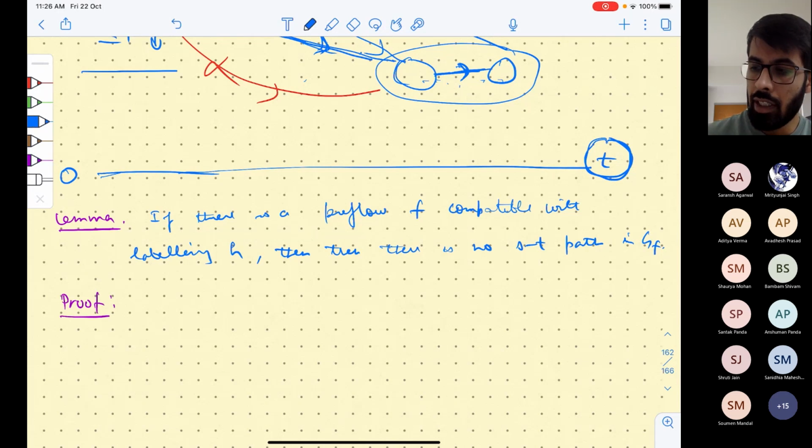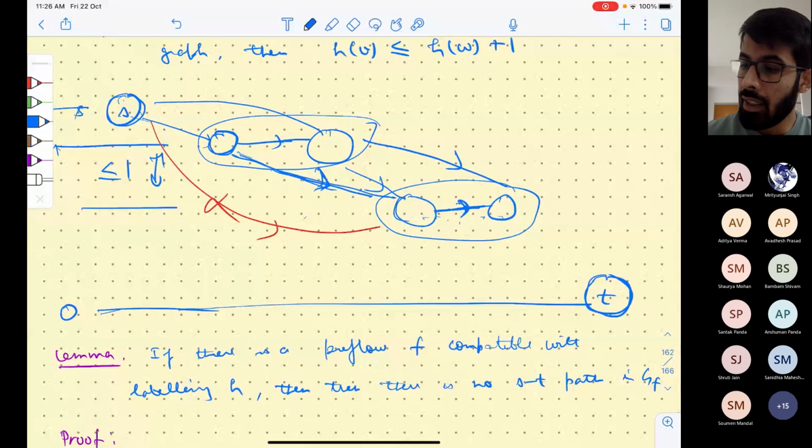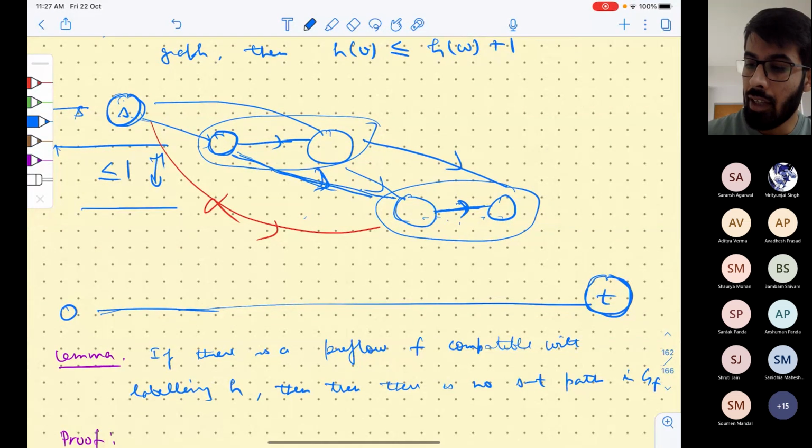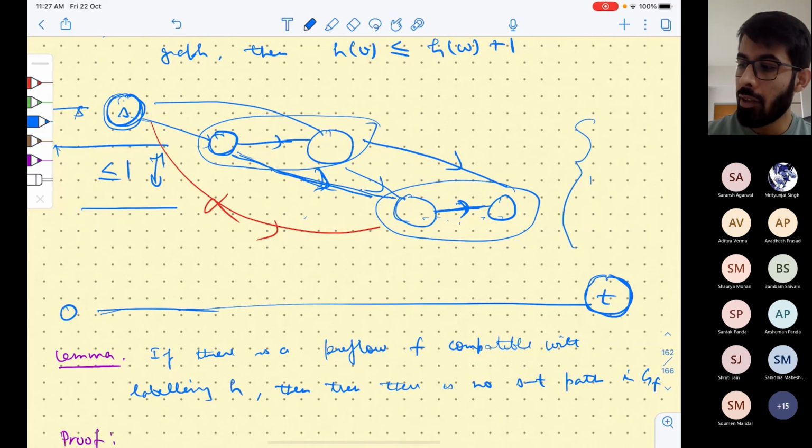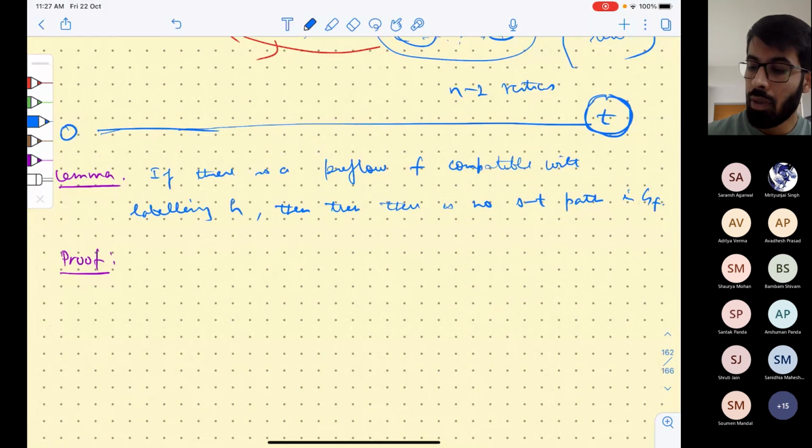So the proof is actually very easy, because the idea is this: S is at the nth level, T is at the 0th level. How can you reach if you don't make any jumps? So in between there are n minus 1 levels, but you have only n minus 2 vertices. I'm not going to prove this in detail.